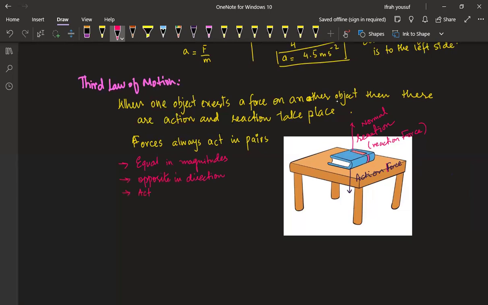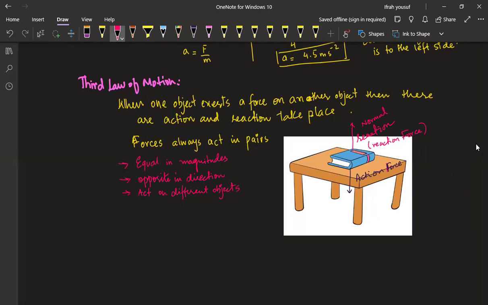We cannot say that forces act on one specific object. They can act on different objects.